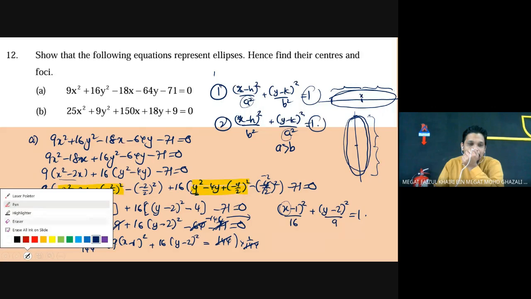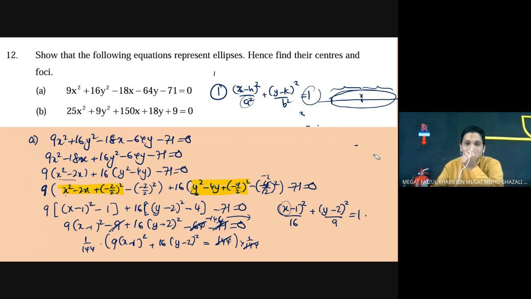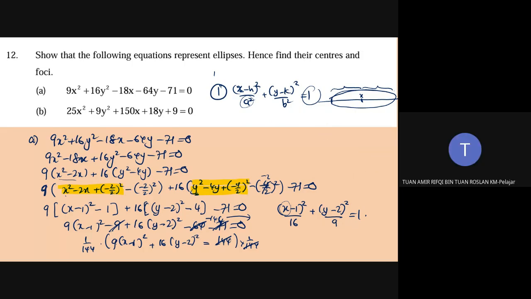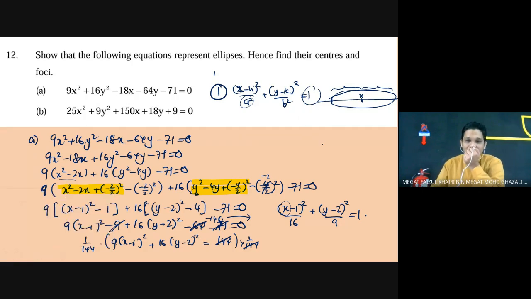So our ellipse is vertical or horizontal? Horizontal. So a squared equal to 16, then a equal to plus minus 4. b squared equal to 9, then b equal to plus minus 3.